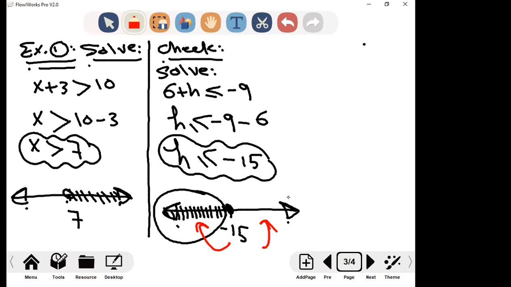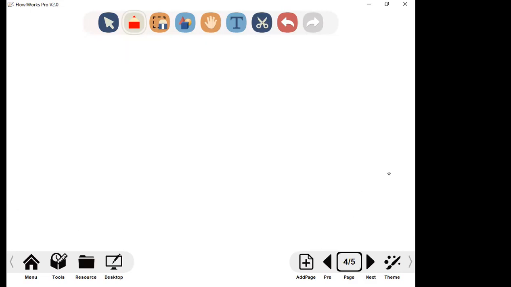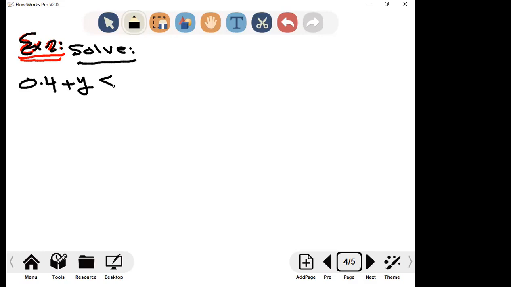Done example 1. Example 2. Solve 0.4 plus y less than or equal negative 9.6.